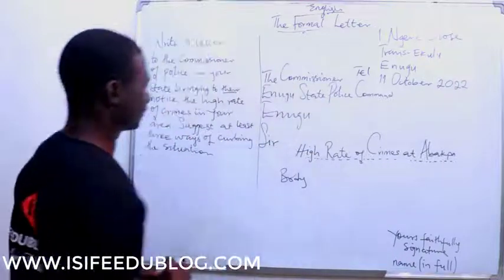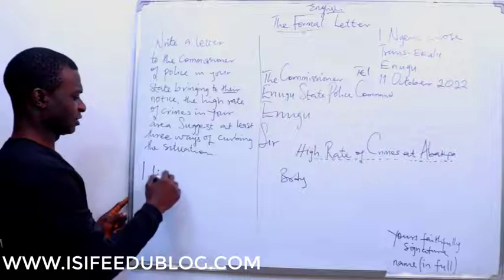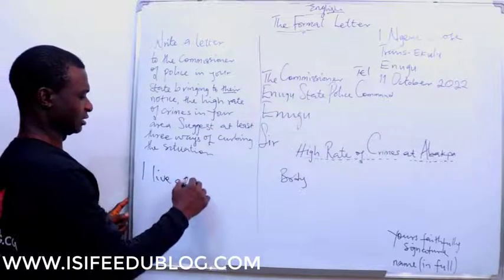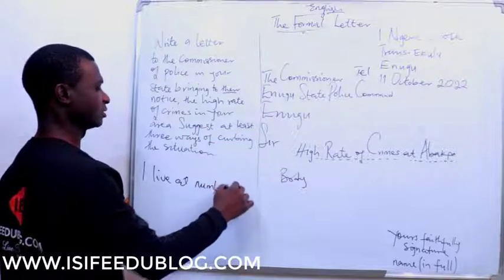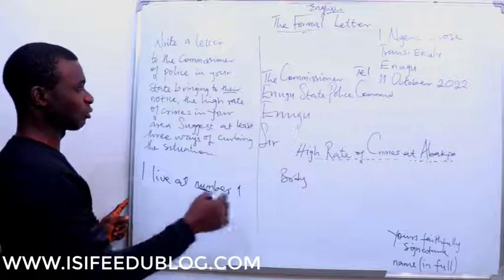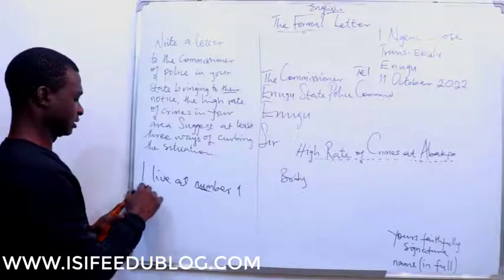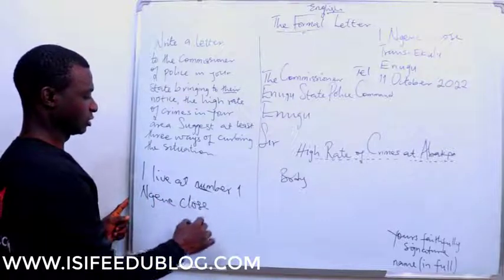But if you're writing this in a sentence, for instance, I live at number 1, if you like to add number, if not, just say I live at 1 Ngene Close. There will be a comma.